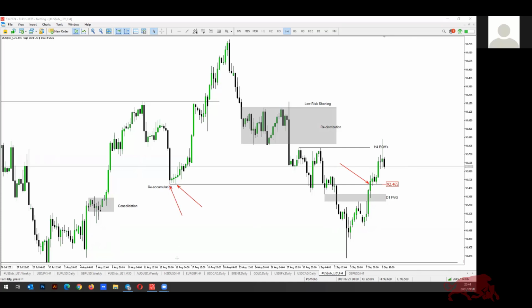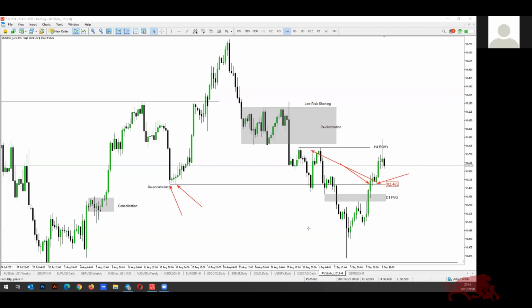You can see we had reaccumulation for longs. So when that level is broken to the upside, it becomes resistance, which happened right here. You can see price retested 92.465, and we had a strong impulsive move to clear out the liquidity on these H4 equal highs.